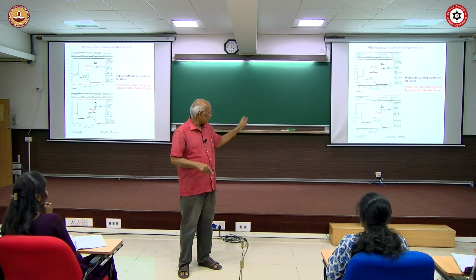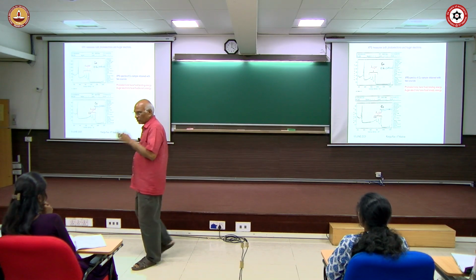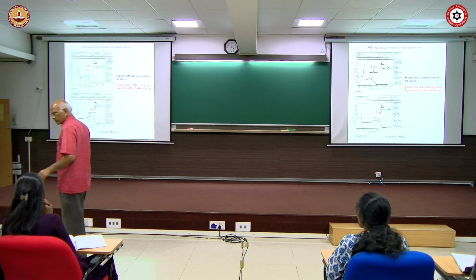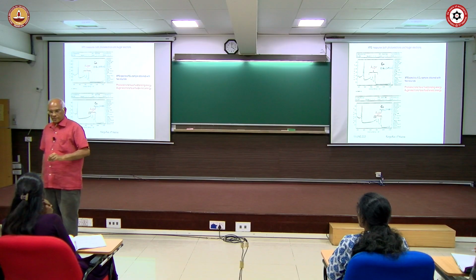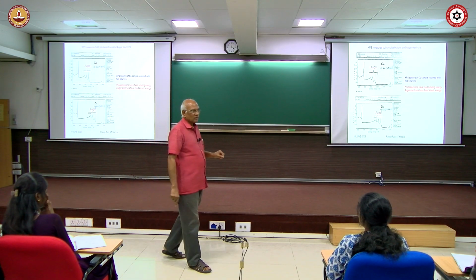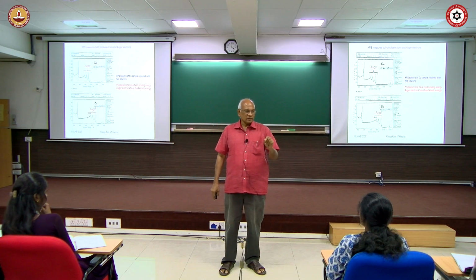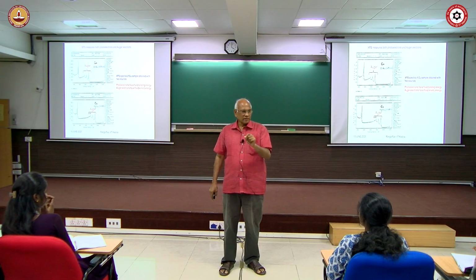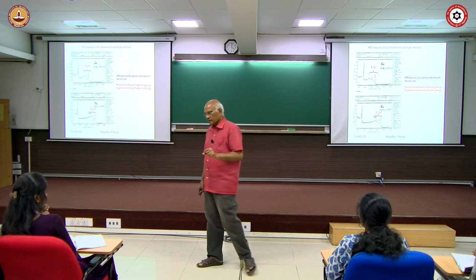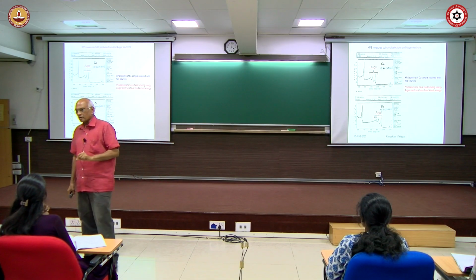I was working in this area, and one of my seniors gave me a kind of examination. He said, show that the Auger electron's kinetic energy does not depend on the source, the incident photon energy, that it is independent of photon energy.